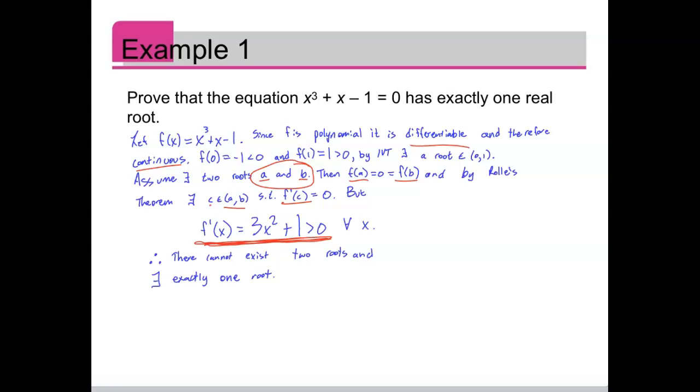So if our assumption is false, there cannot exist 2 roots. We've also already proven by the intermediate value theorem that there's at least 1 root. So if we've proven there's at least 1 root, and then now we've showed by contradiction that it's not possible for there to be 2 roots, the only other possibility is that there's exactly 1 root.